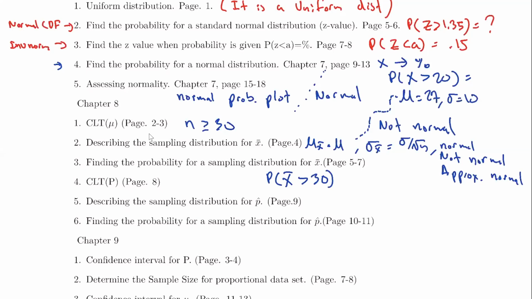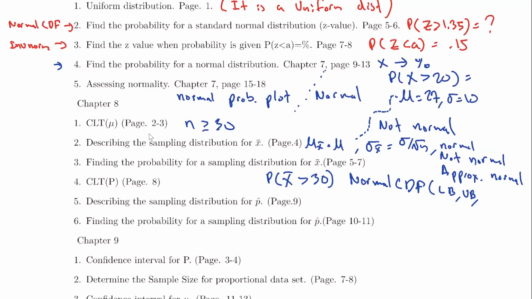It's essentially like topic number 4 in chapter 7. But the only thing different is what you have to remember when you do normal CDF. You put the lower bound and you put your upper bound.